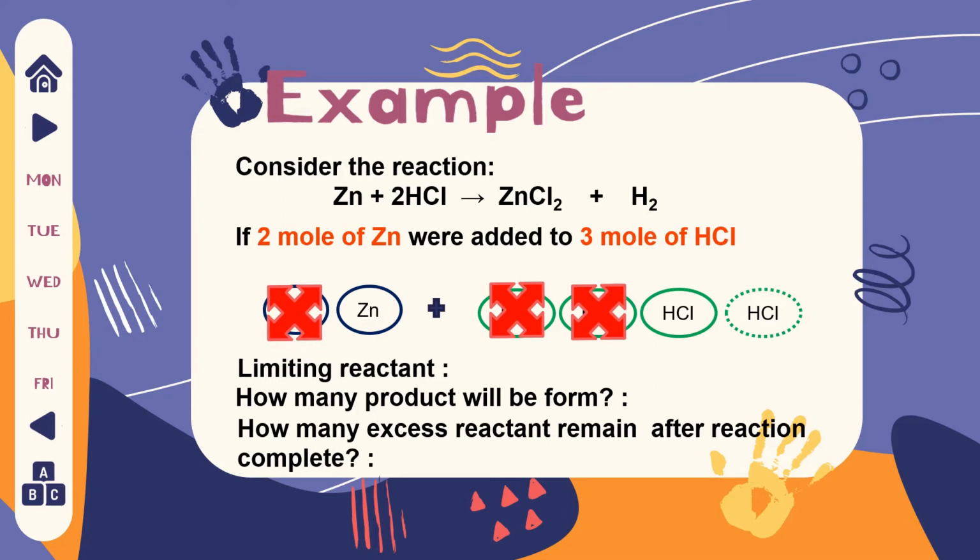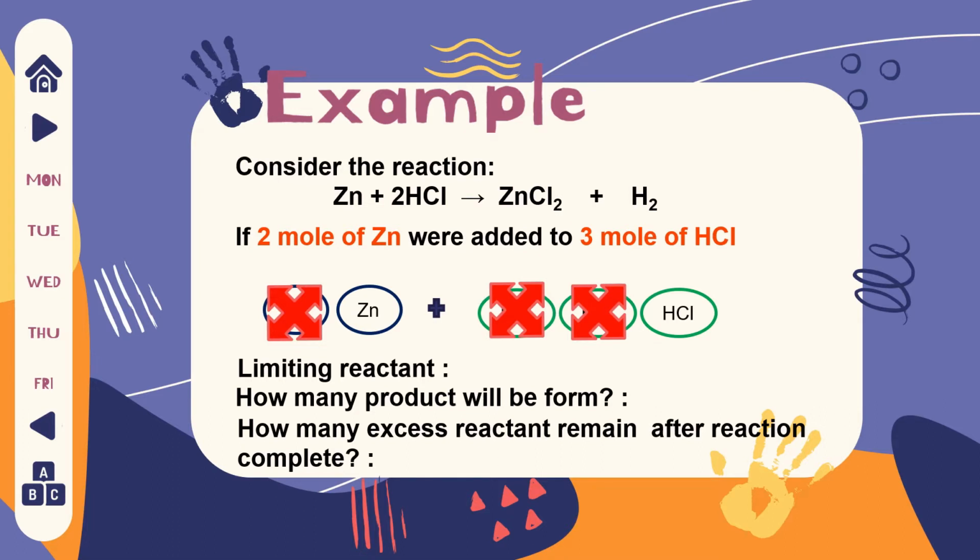Okay, and then do you have enough HCl here? Okay, you only has 3 HCl, so you don't have enough HCl. So the product form is only, okay, you only has 3 HCl.